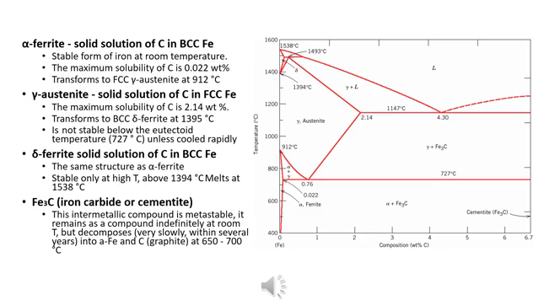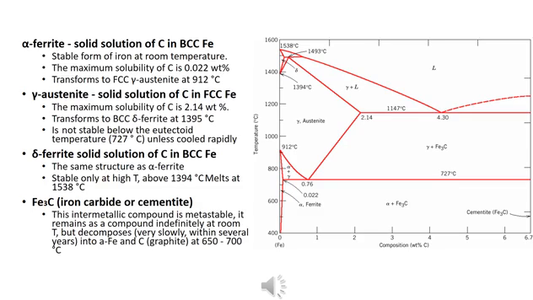Gamma austenite is a solid solution of carbon in face-centered iron. Maximum solubility of carbon is 2.14%, and it transforms to body-centered delta ferrite at 1395 degrees Celsius. It is not stable below the eutectoid temperature of 727 degrees Celsius unless cooled rapidly.